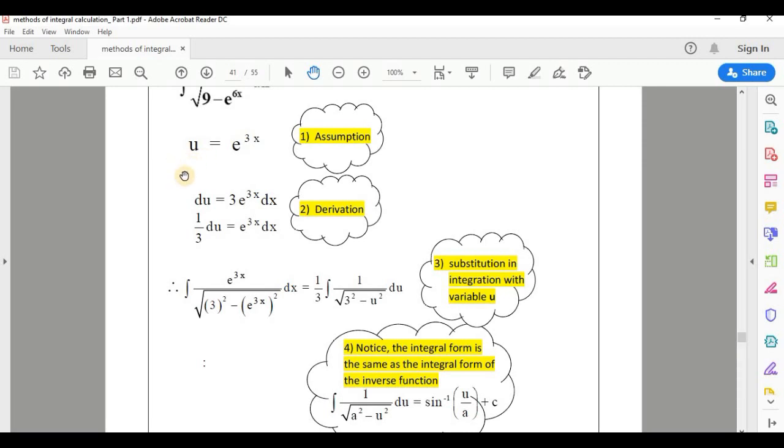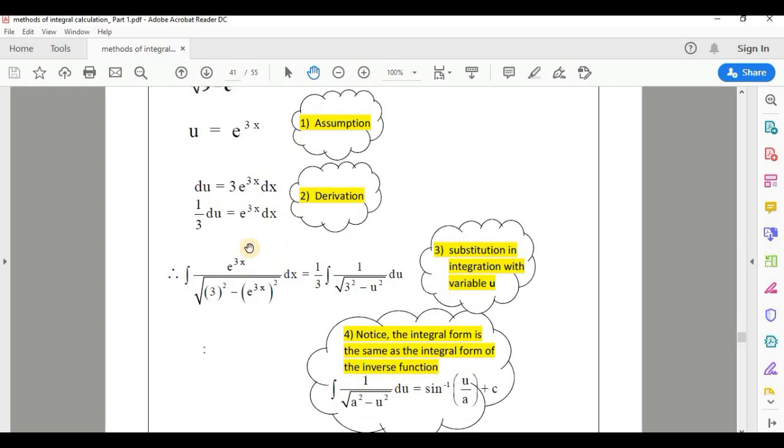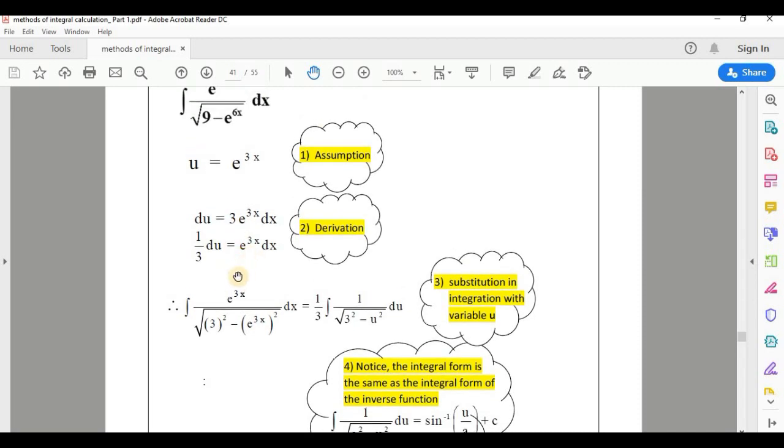What is the derivative of u? It will be du. What is the derivative of this part? It will be 3e to the power 3x dx. As we learned from the previous lectures, we will divide both sides by the number 3. Why? To get this part of the integral, e to the power 3x dx.